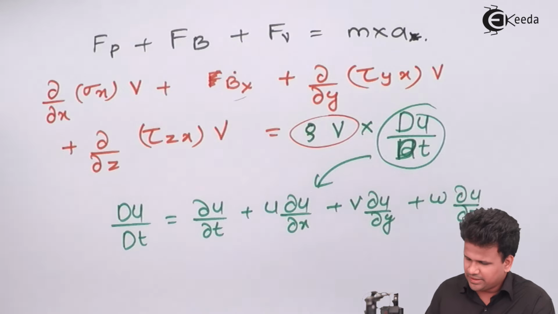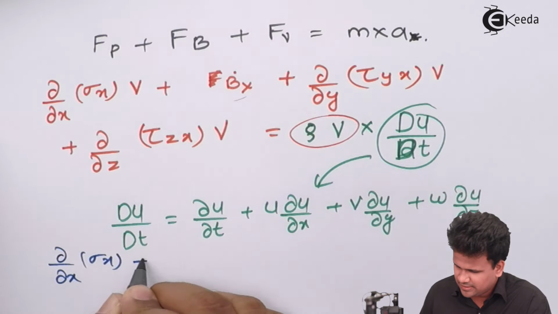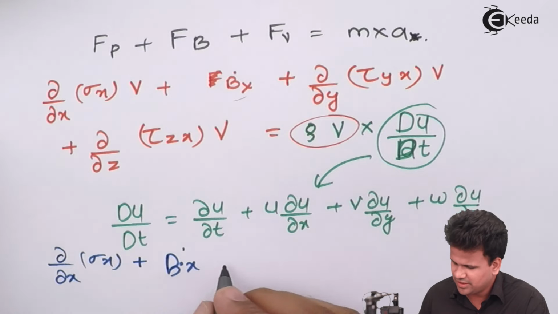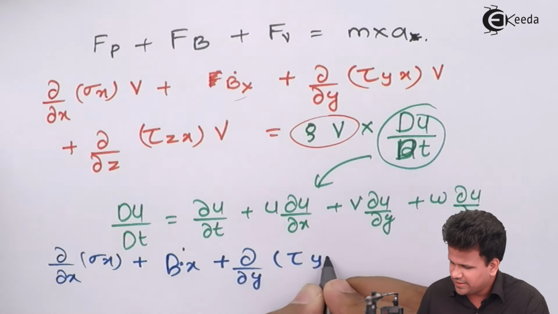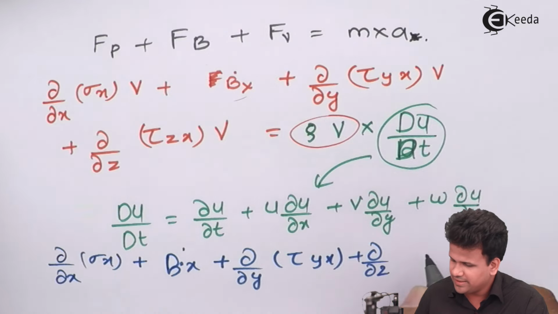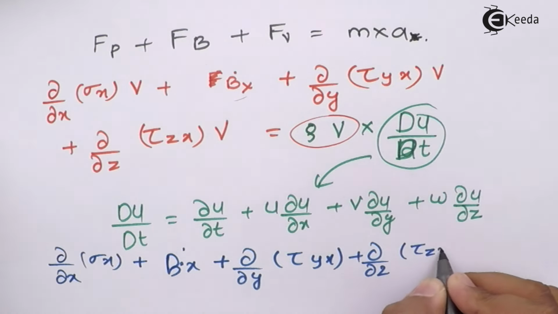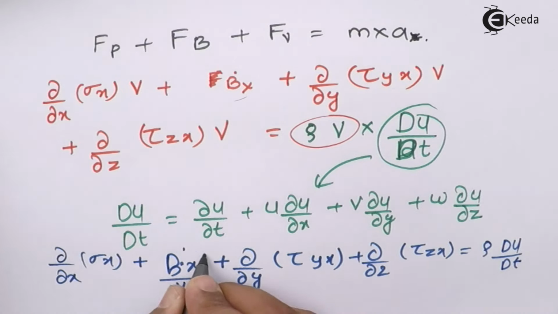Ultimately the equation we get is ∂/∂x of sigma x, plus the body force bx per unit volume, which we already have, plus ∂/∂y of tau of y plane x direction, plus ∂/∂z of tau of z plane x direction, which equals rho into du/dt, and here we will have volume.